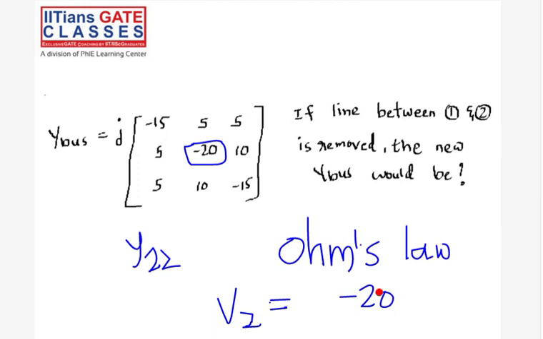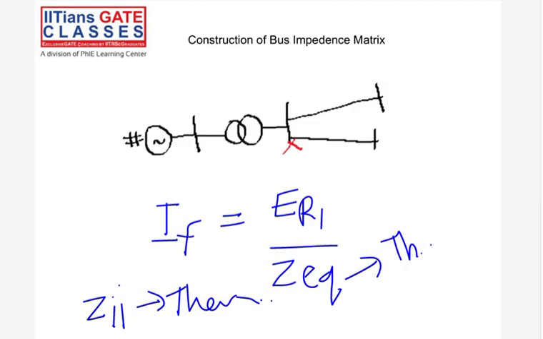The component of current due to V2 would be minus 20 times V2. That is the physical significance. That is the relationship, right? Is that clear? So always ask yourself the question, what does this mean, right?